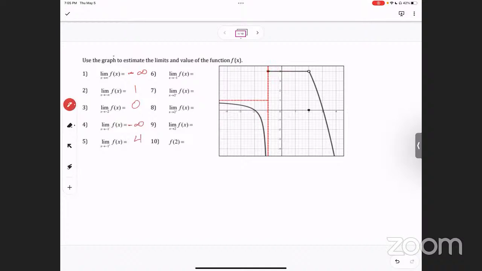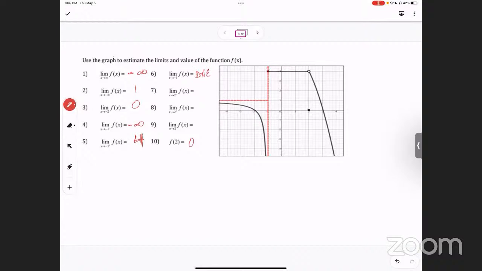And notice that it doesn't matter what it actually is. It doesn't matter if this was an open circle or a closed circle. That only matters for f of x, like if you're finding f of 2, like number 10, that would be 0 as opposed to 4. F of 2 is 0. The limit does not exist at -1 because it's different from the left and the right.